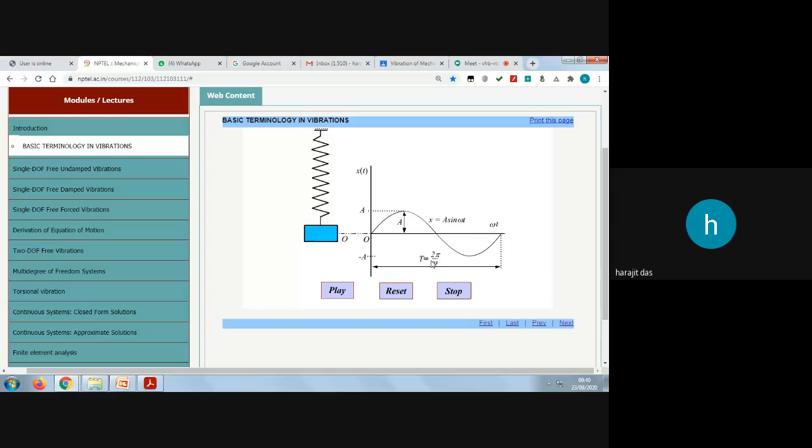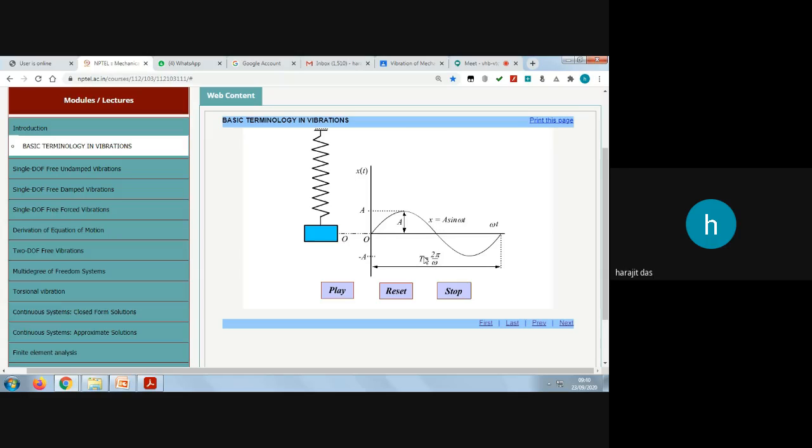Here omega is the angular velocity, but in vibration we will call omega the frequency in radian per second, and linear frequency is small f, which is cycles per second, which is the inverse of the time period, or omega by 2 pi. So this motion is represented by the equation x equals A sine omega t.